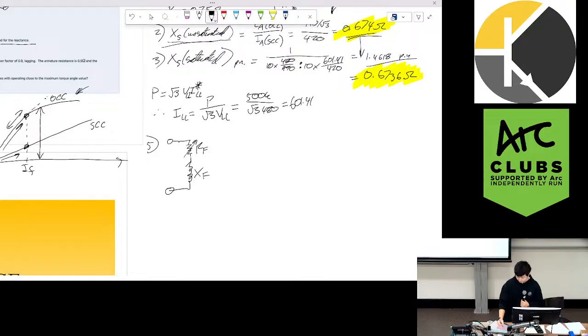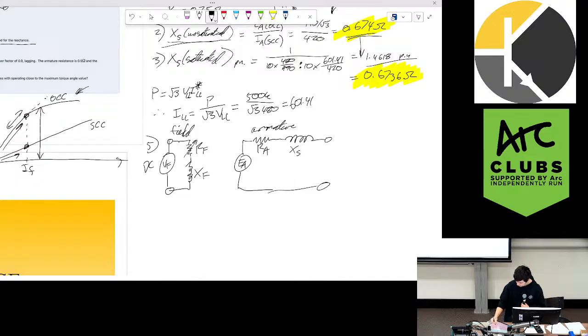These are purely for our field, typically with some kind of DC excitation, so VF, which is typically DC. This is our field circuit. And then for the armature circuit, we have a generated excitation, we have our resistance of the armature, and we have the reactance, which we might tap into a load.